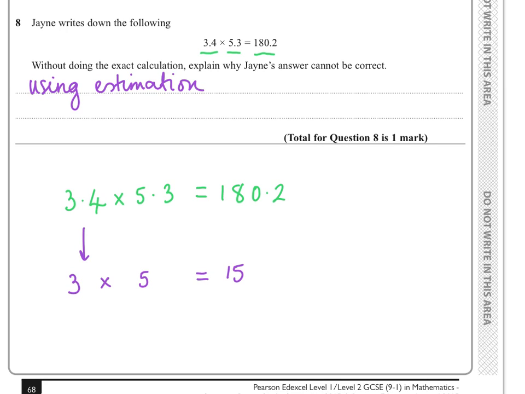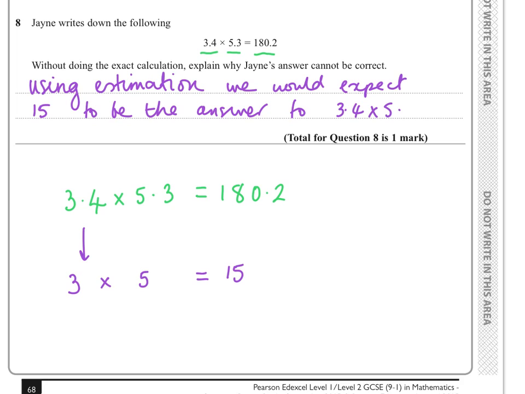So using estimation, we would expect 15 to be the approximate answer to 3.4 times 5.3.